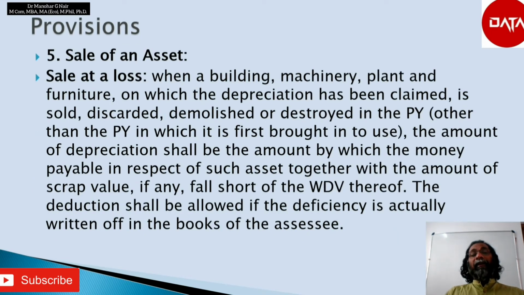On the sale of an asset, if it is at a loss, when a building, machinery, plant or furniture on which the depreciation has been claimed is sold, discarded, demolished or destroyed in the previous year, other than the previous year in which it is first brought into use, the amount of depreciation shall be the amount by which the money payable in respect of such asset together with the amount of scrap value, if any, falls short of the written down value thereof.